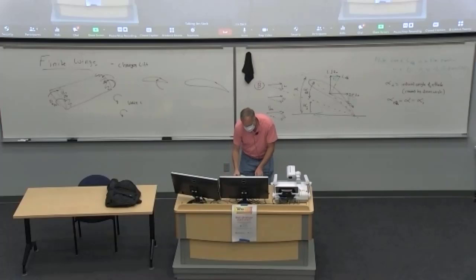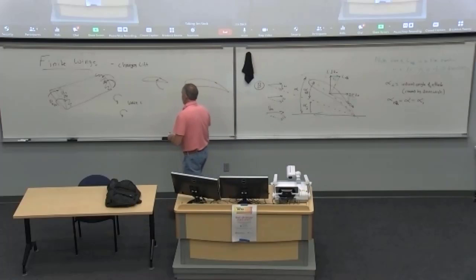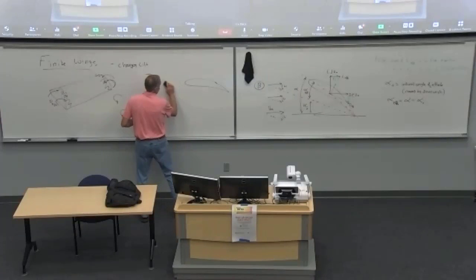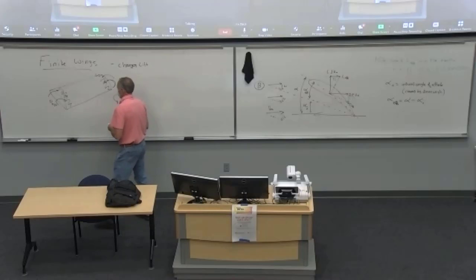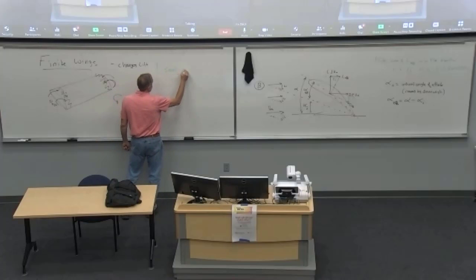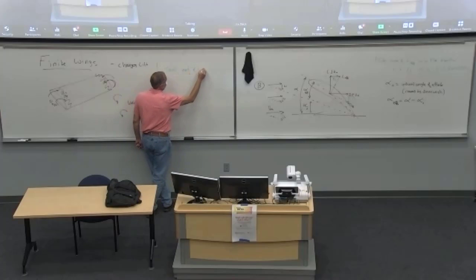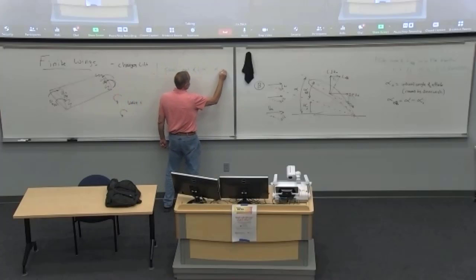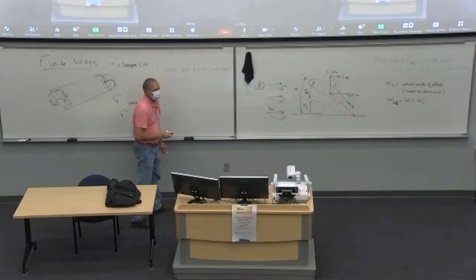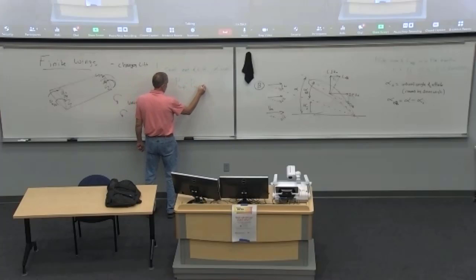So now we want to be able to calculate this extra stuff. How much is the lift changed? How much is the drag changed? And because of our explanation up here, if you have a small amount of lift, which means alpha is small, while you're flying at a low angle of attack and low lift, that pressure difference is small.